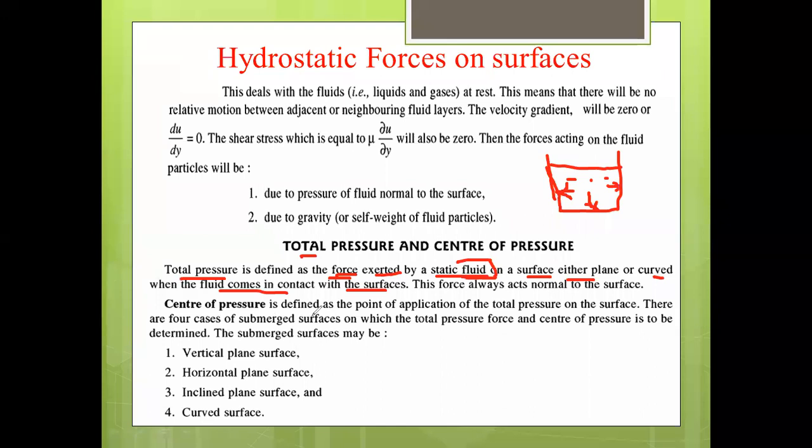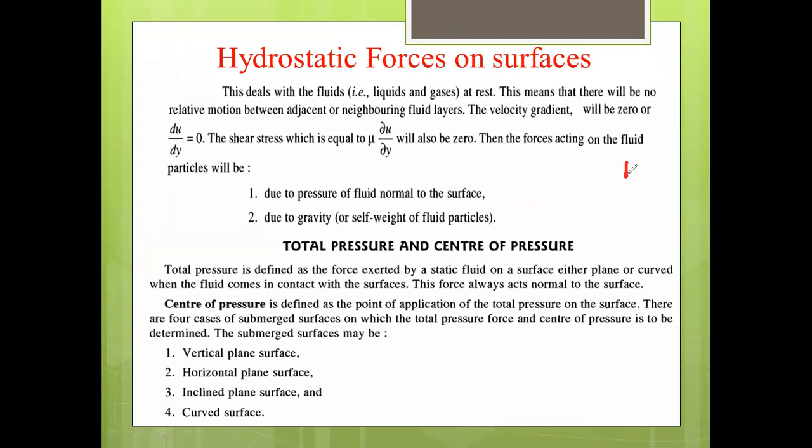And what is the center of pressure? It is defined as the point of application of the total pressure on the surface. As you have studied, force has various characteristics: force has magnitude, force has direction, and force has a point of application.